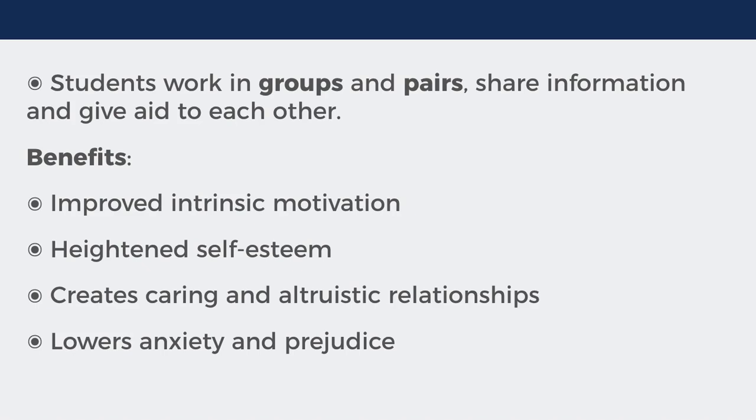Creates caring and altruistic relationships, so you're actually going to increase the rapport and the psychological security in the classroom, and lowers anxiety and prejudice. So working together first to figure things out before the student has to present the information in front of everyone is going to lower their anxiety and any sort of prejudice.